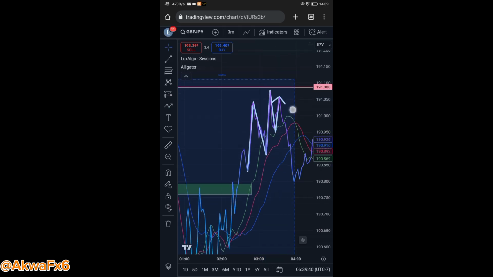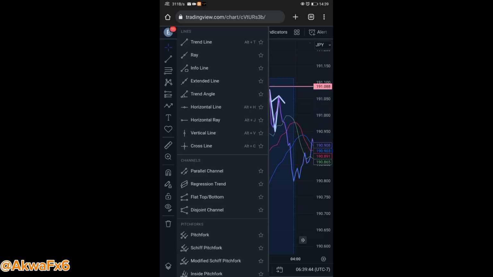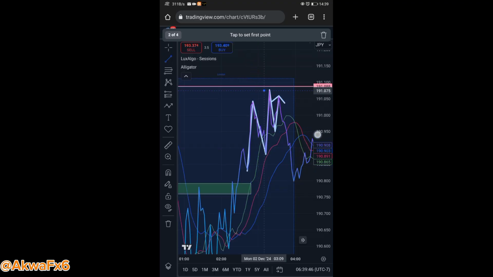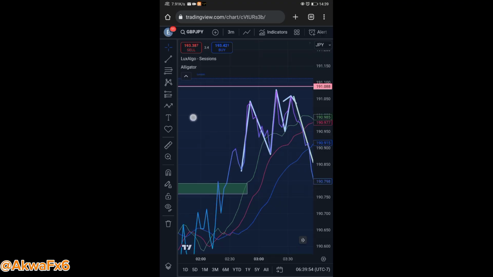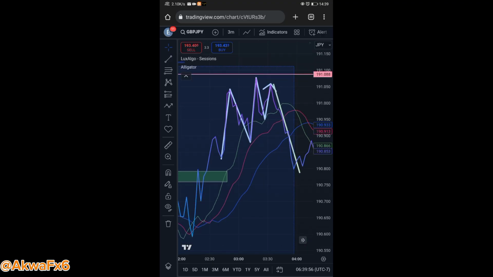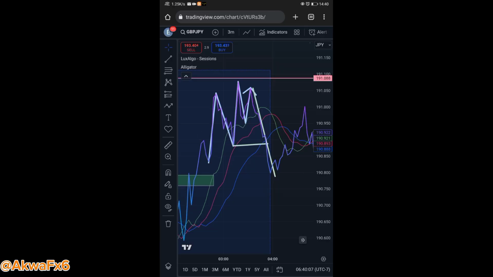Then we had a shift in market structure to the downside right here, because we have this very one here that got broken.